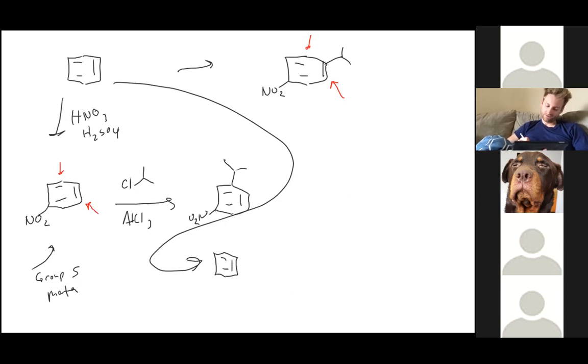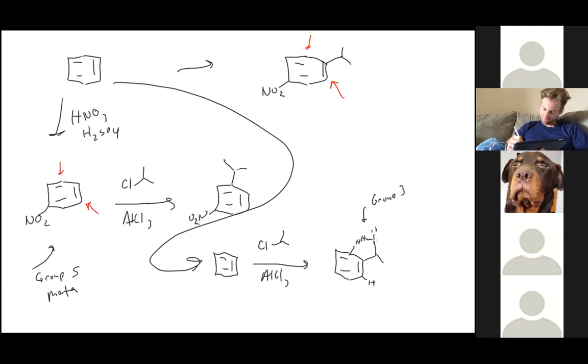So instead, if we do our alkylation first, we now have a group 3, which is an ortho-para director. It's pretty large, so our ortho position is going to be pretty blocked. We take a look at these ortho positions relative to this isopropyl group that's on here.